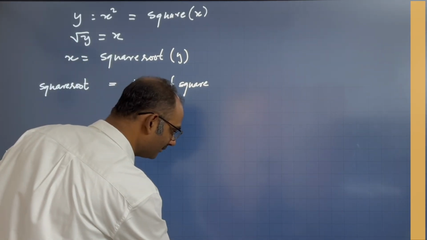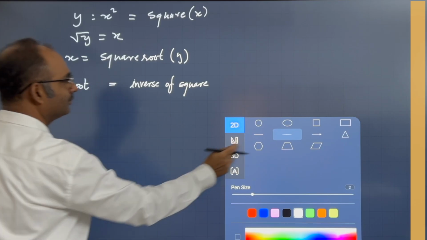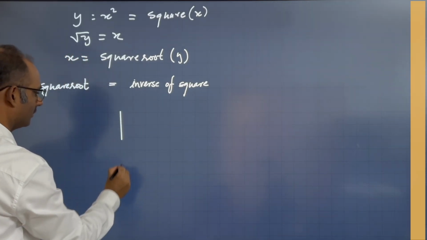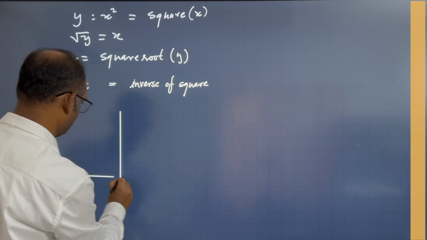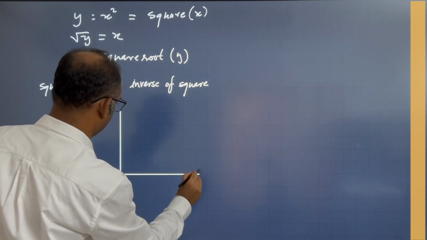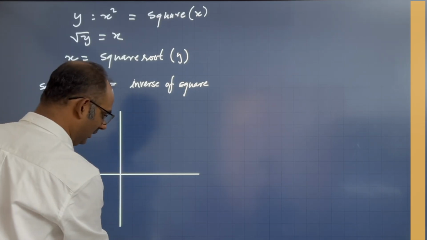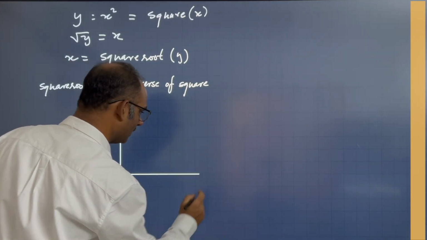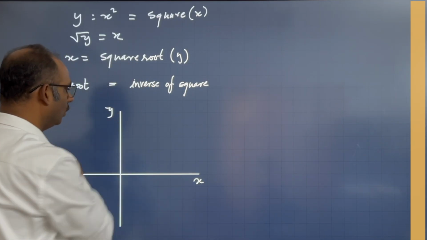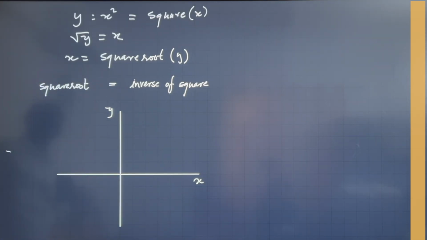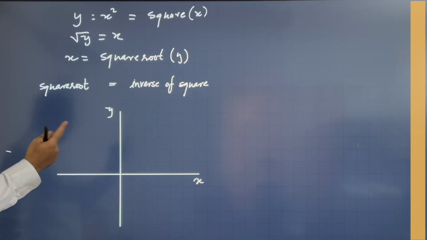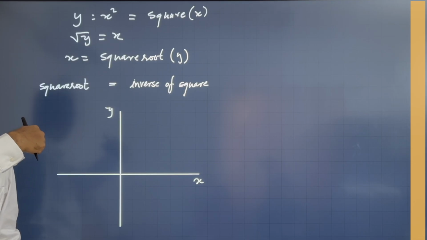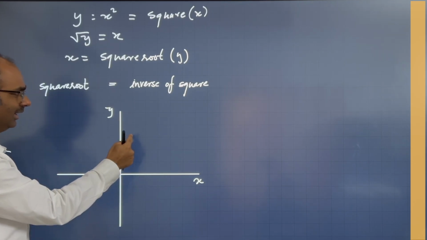If that is fine, then let's do what we did earlier. Let's plot only the x positive part, not the negative part. Otherwise, it will not be invertible. For a given value of x, I will have a unique value of y.